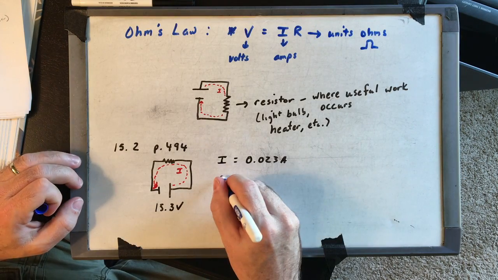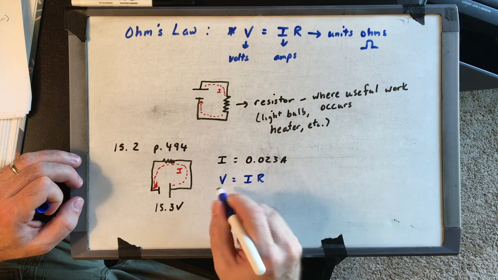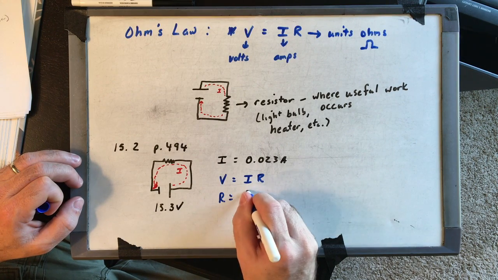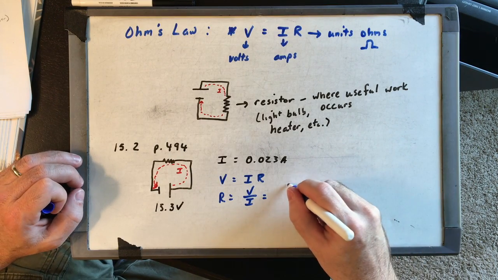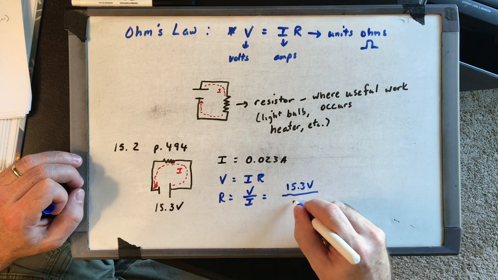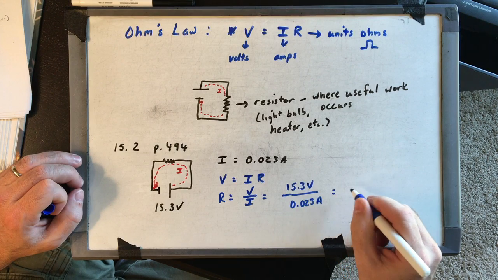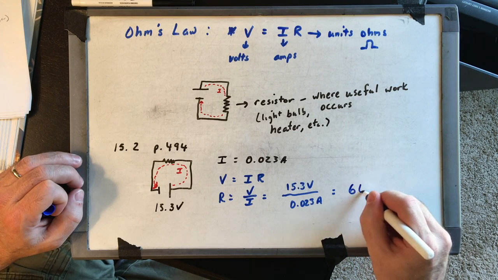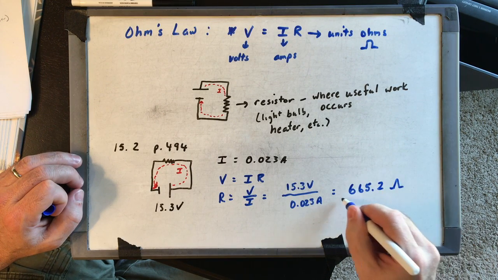Right, so if we know that V is equal to IR, we want to know the resistance. R is equal to V over I. Voltage is 15.3 volts. Current 0.023 amps. So that is 665.2, and the unit is ohms.